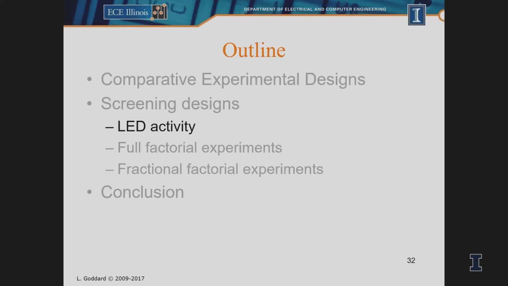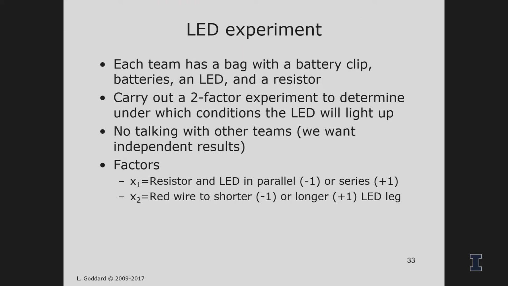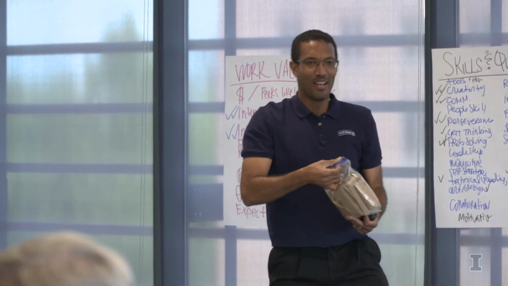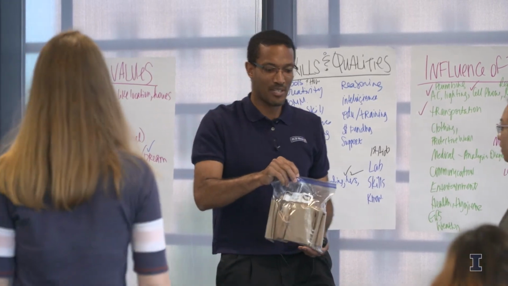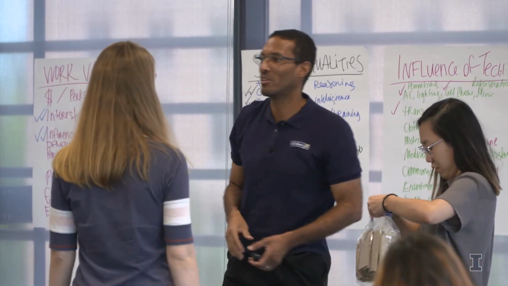Okay, so what we want to do is this LED activity. I'll ask the lab assistants for some help. Clear your space, because you're going to need to work a little bit. This group is really small, so we need 1 bag per person.